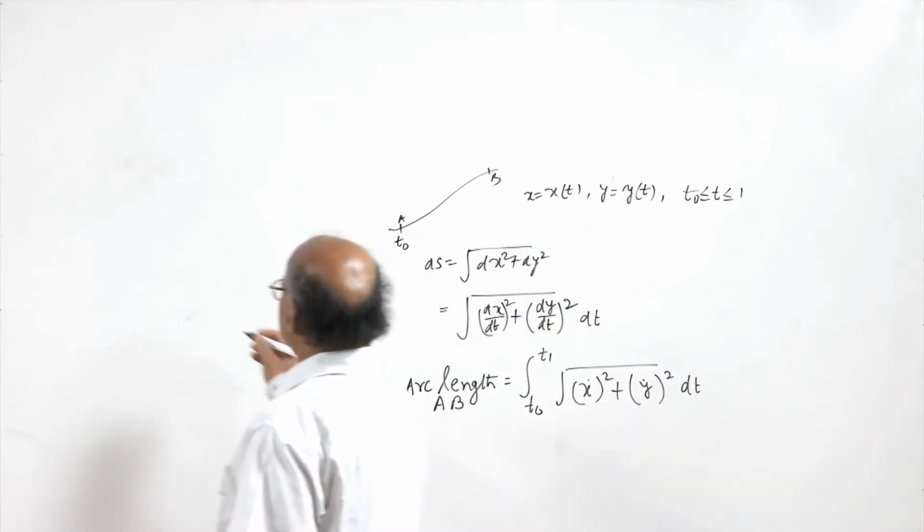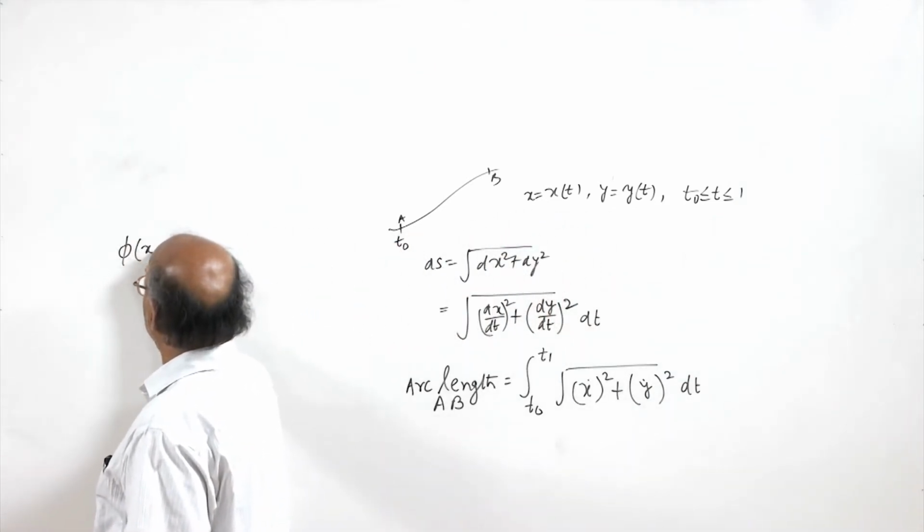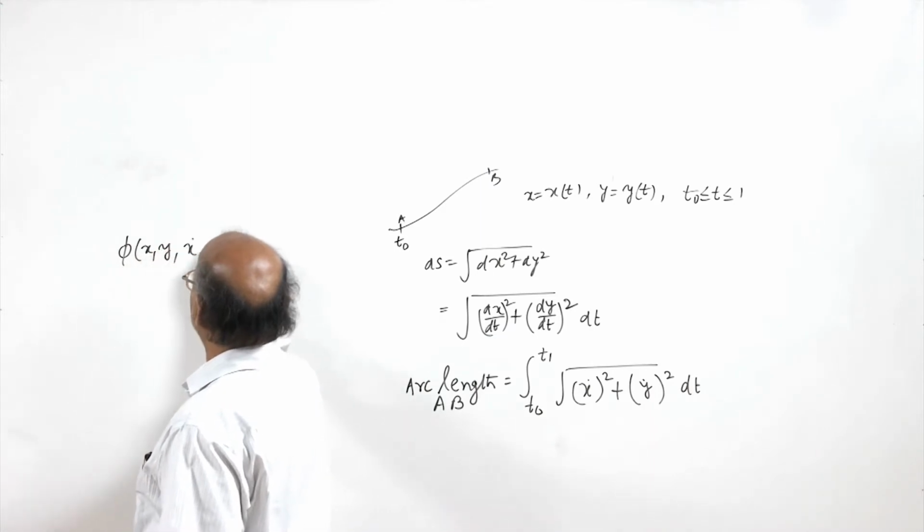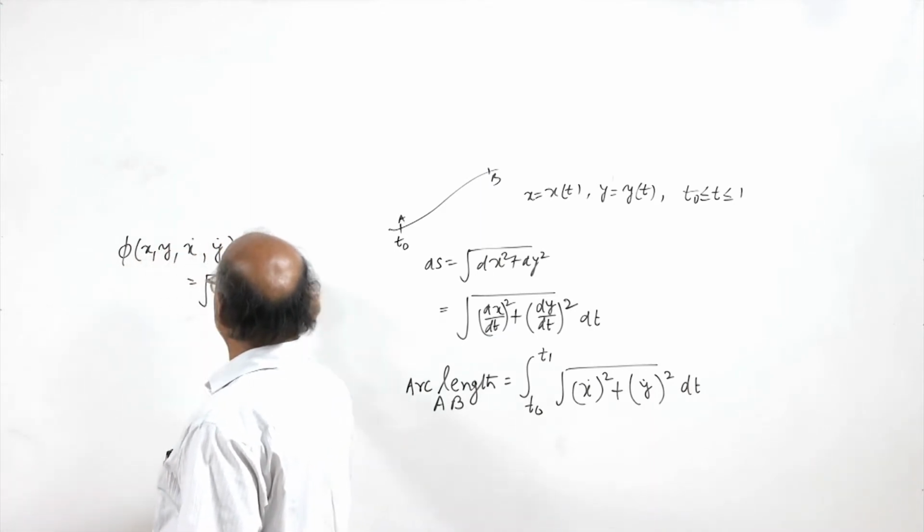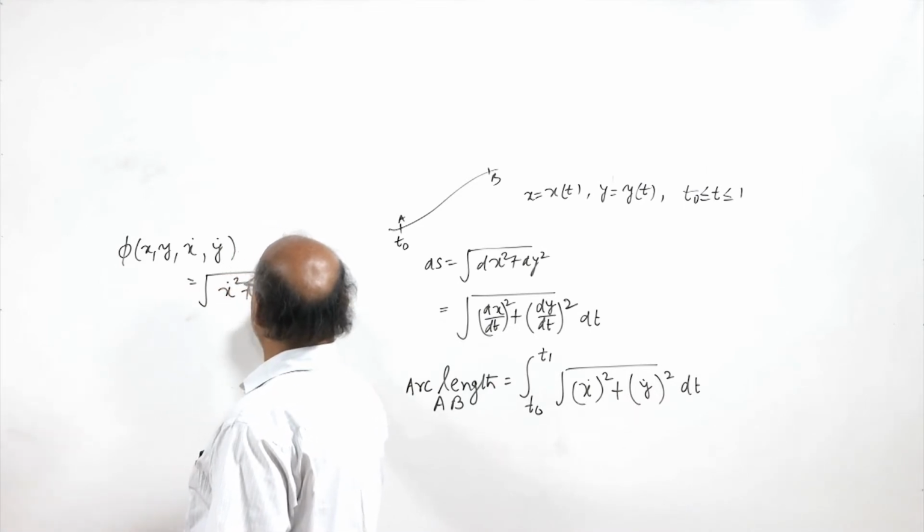Now here you can see phi of x, y, x dot, y dot is equal to the square root of x dot square plus y dot square.